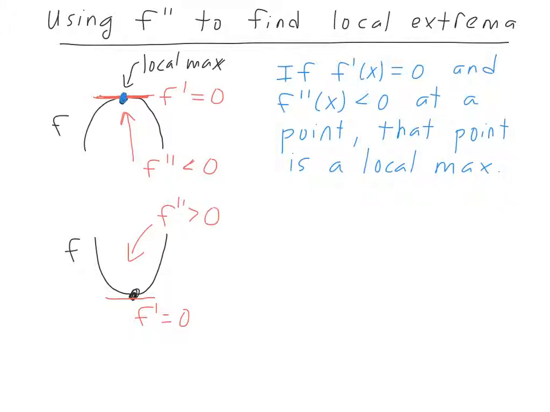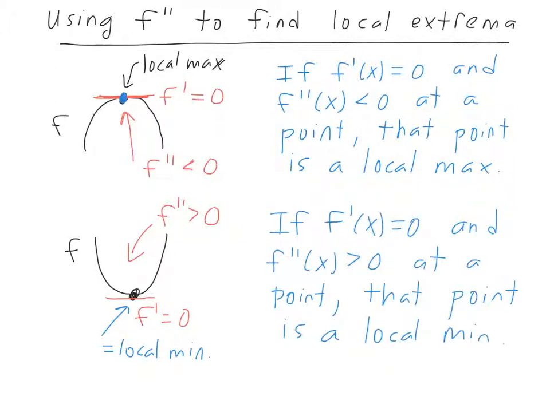So we can say that this point here is going to be a local min. So let's summarize that. If the derivative is equal to 0 and the second derivative is positive at a certain point, then that point is guaranteed to be a local min. Let's look at an example of this in action.